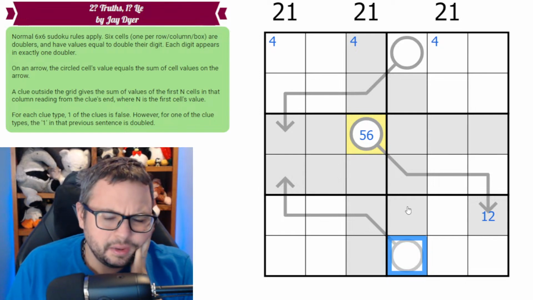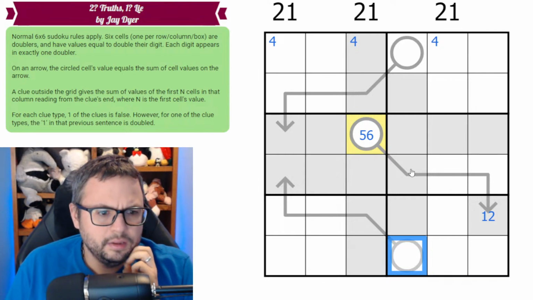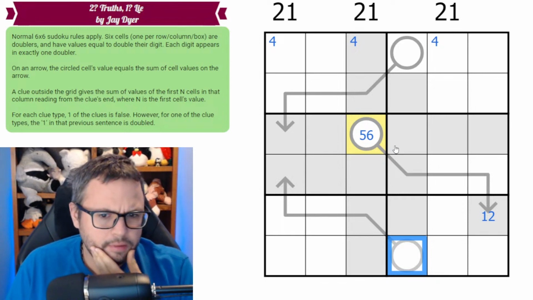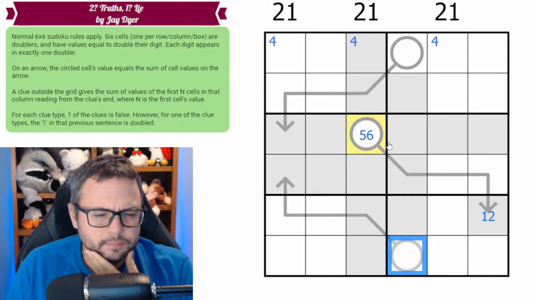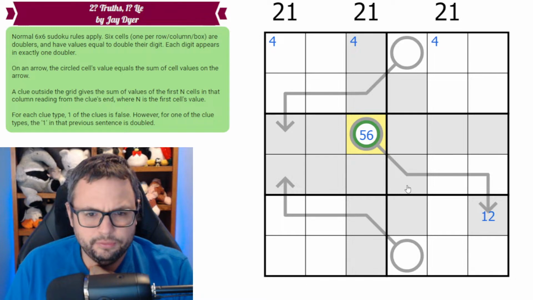Because yellow is a doubler. Yeah, I could put a green circle to mark that I know that this one is telling the truth.